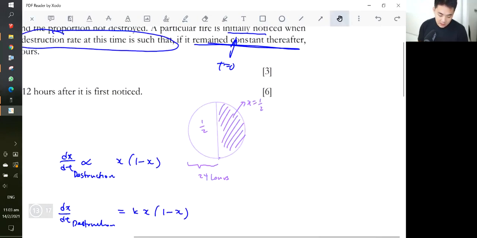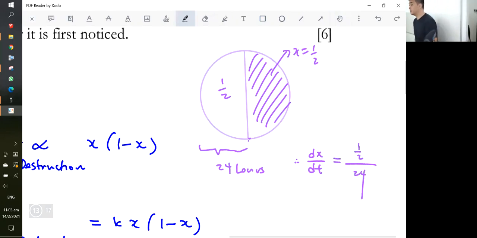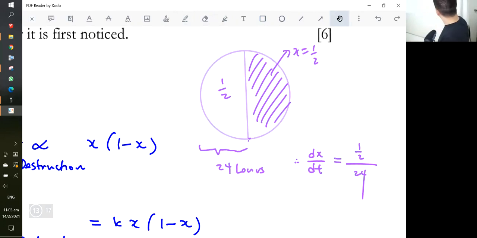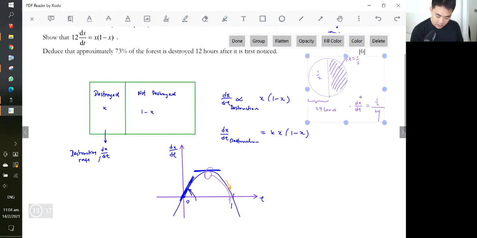So what I'm saying is, at that instant the constant rate they are looking at should be half divided by 24. Any issue? This is the constant rate you're looking at. If it's held constant, this would be the rate. Correct? So that is your boundary condition. Question, please ask.